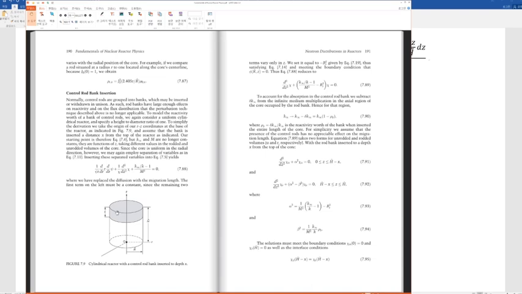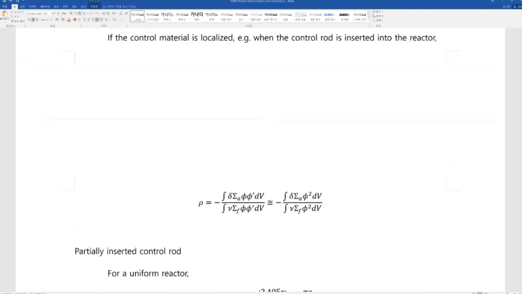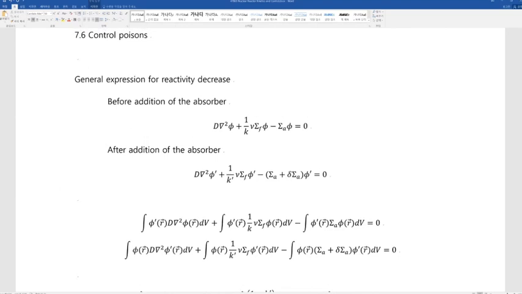So how can we solve this equation? We are going to utilize the equation that we used previously.